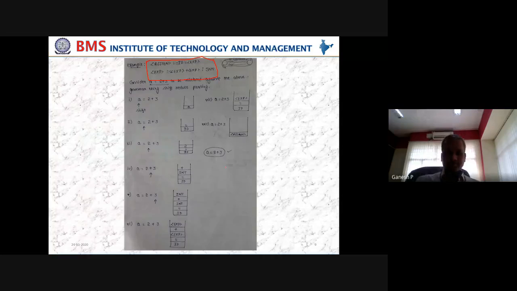The input is A is equal to 10 plus 20 minus 30. You try to build shift reduce parsing for this and let me know if it is valid or invalid.